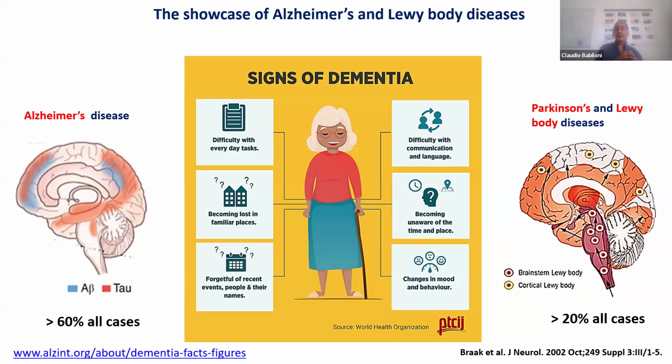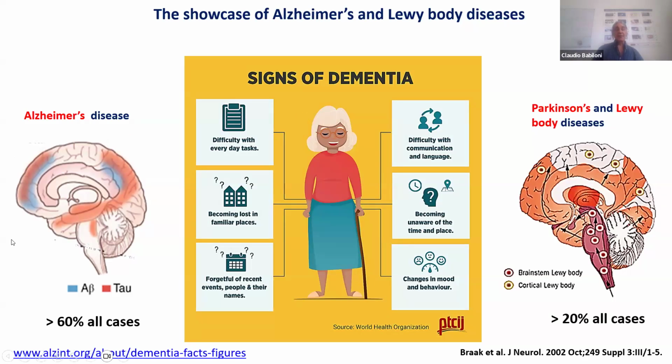It's really impactful because the accumulation of tau induces the death of the neuron and neurodegeneration.